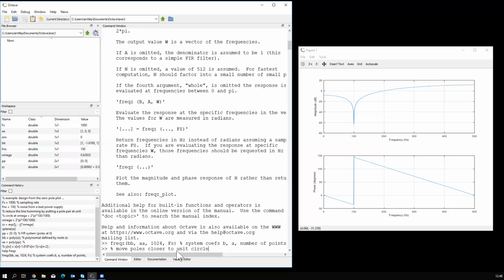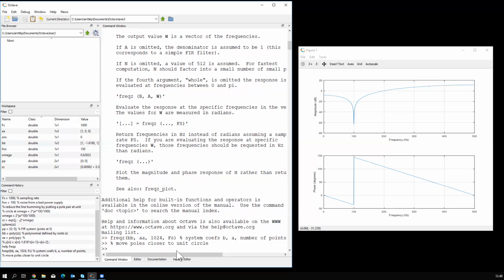Okay, so for that one, I will take say 20 hertz at angle, 20 hertz frequency.